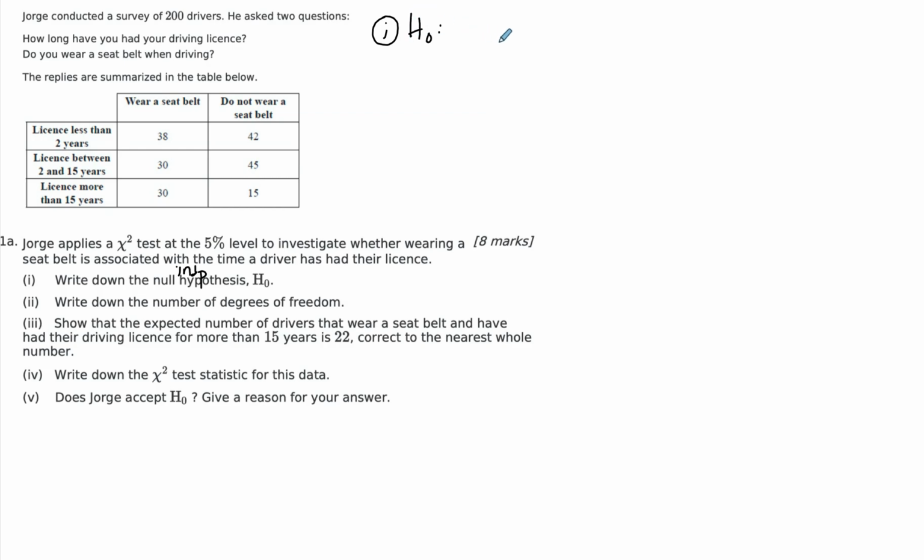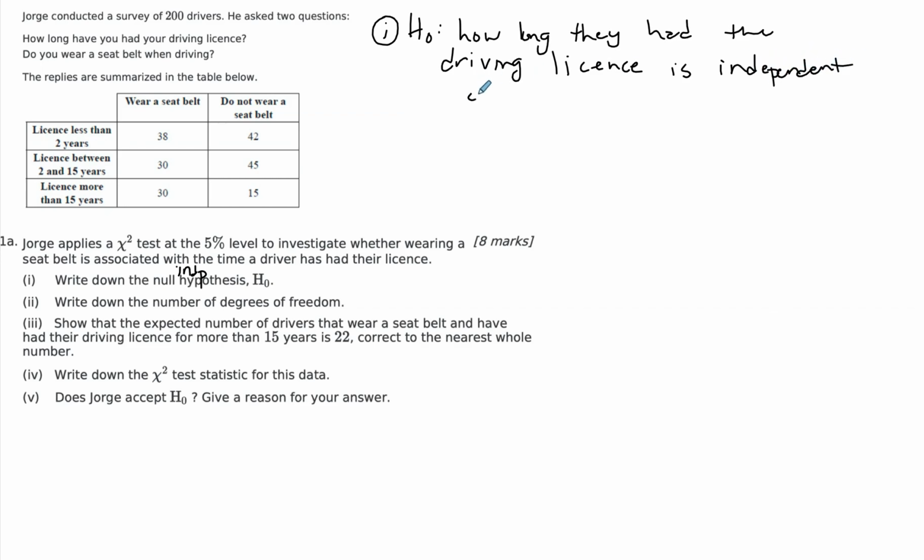So your null hypothesis is, and it could be worded in any way, I could say, let's say, how long they had the driving license is independent, and this is the keyword, of whether they wear a seatbelt. So you want to see if these two things relate to each other.